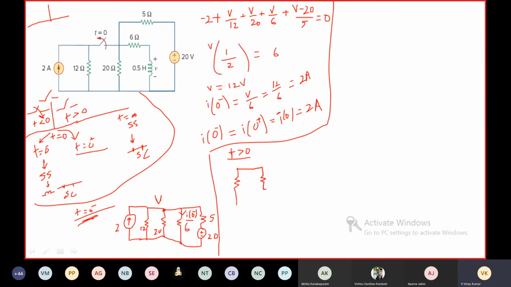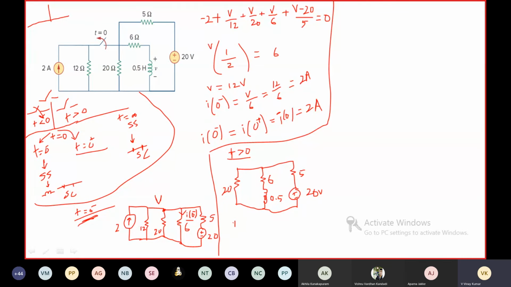It is open, right? 0.5 Henry, 6 ohms, 20 ohms, 20 volts, 5 ohms. This is the circuit for t greater than 0.